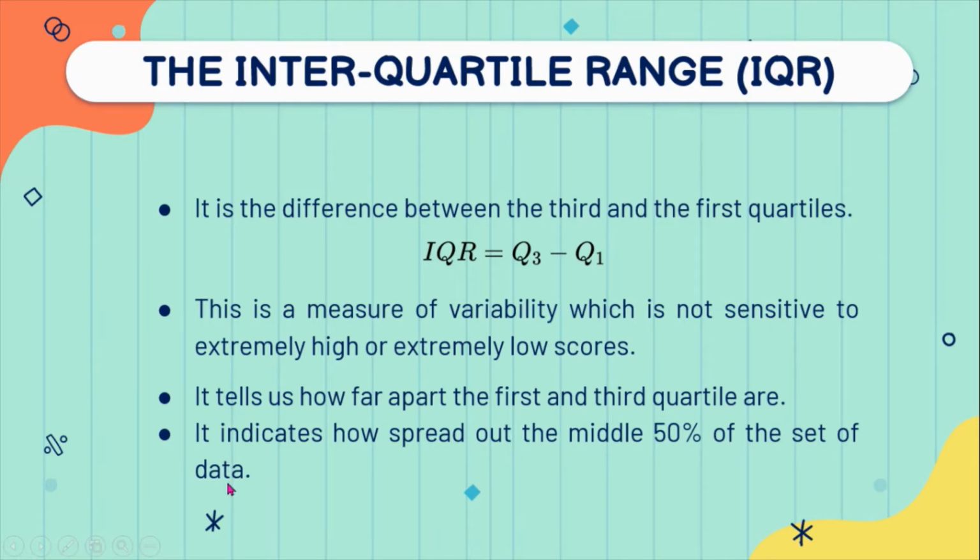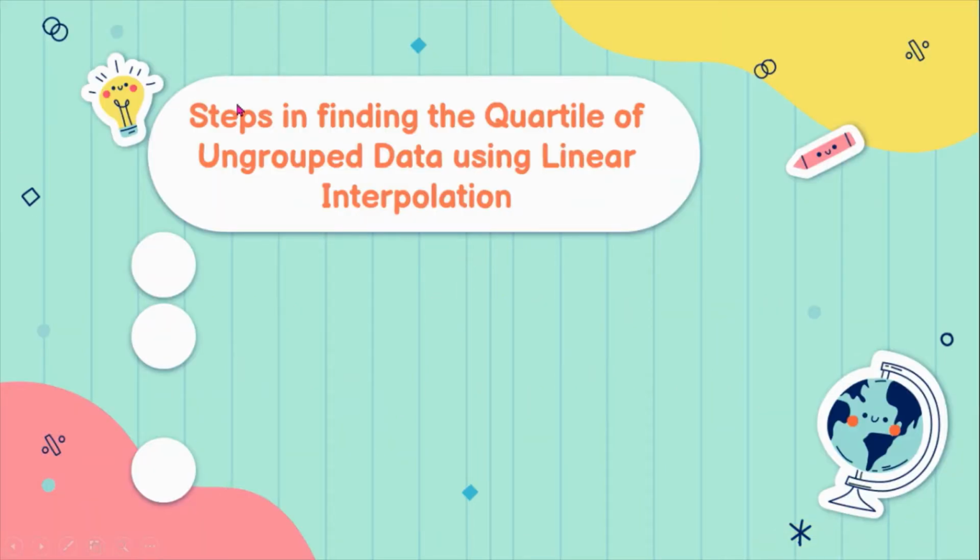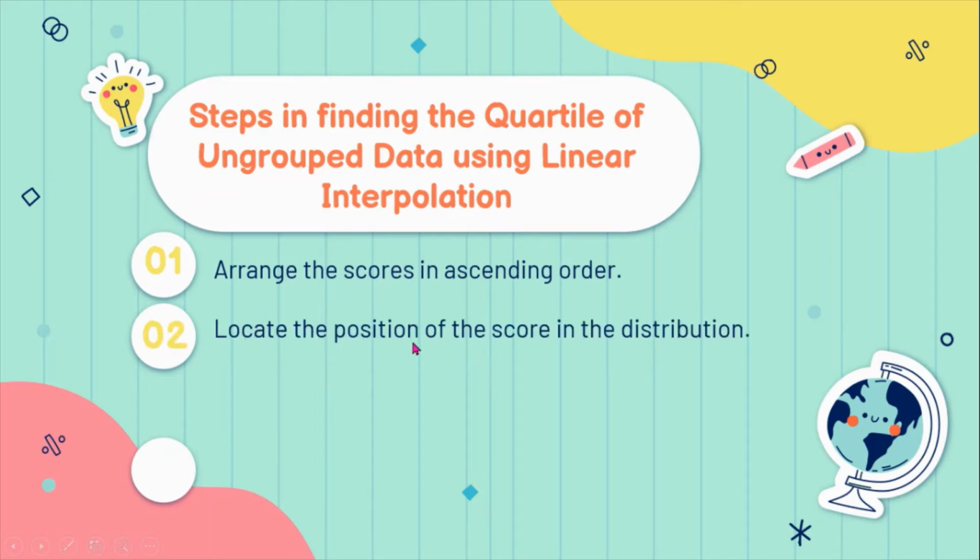So that's IQR. These are the steps in finding the quartile of ungrouped data using linear interpolation. For the first step, arrange the scores in ascending order. Second, locate the position of the score in the distribution.